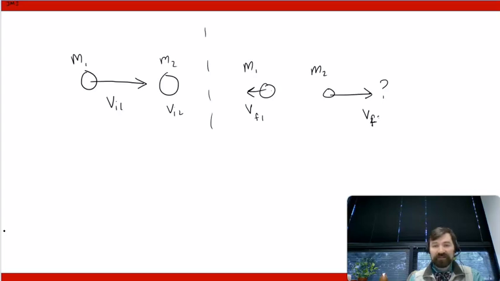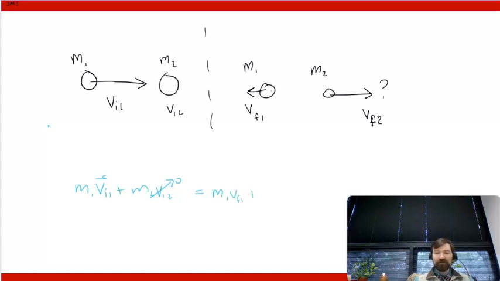If that's the case, I could use momentum conservation to solve for this guy by saying M1 V initial 1 plus M2 V initial 2, which we established was 0, is equal to M1 V final 1 plus M2 V final 2. And that's conservation of linear momentum.